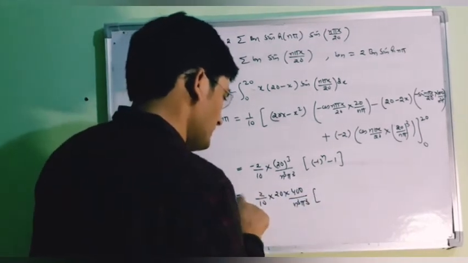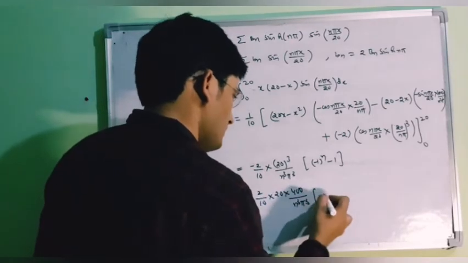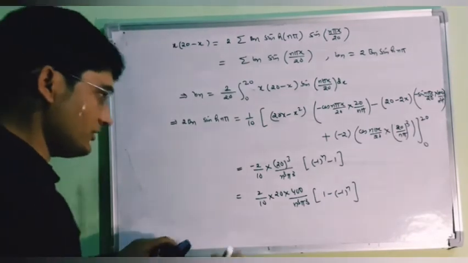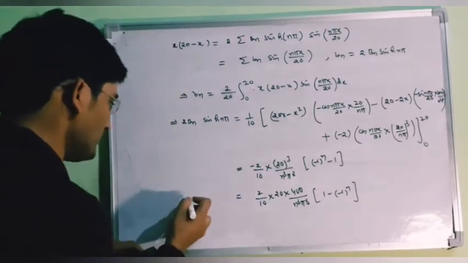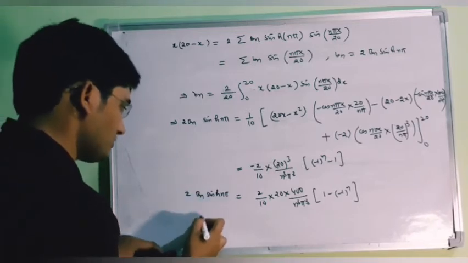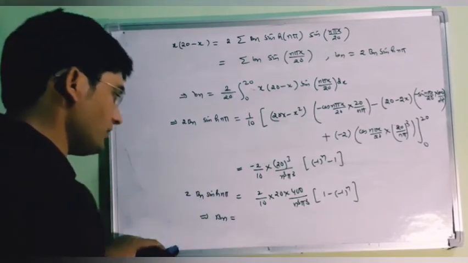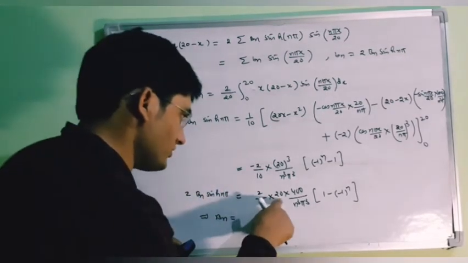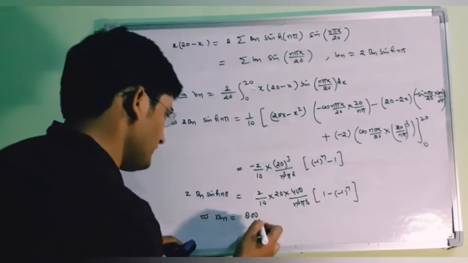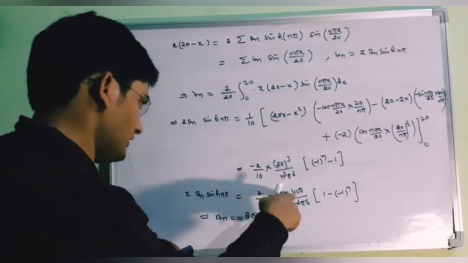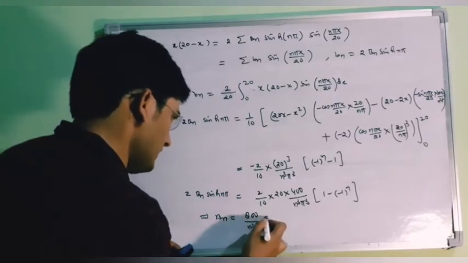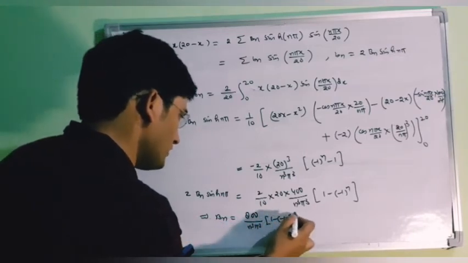Then we can write it as 1 minus 1 power n. So now in the left hand side we have 2 times bn sinh n pi. So from here your bn will be, now this 2 and 2 is cancelled, so this will be your 800 divided by n cube pi cube and 1 minus 1 power n.